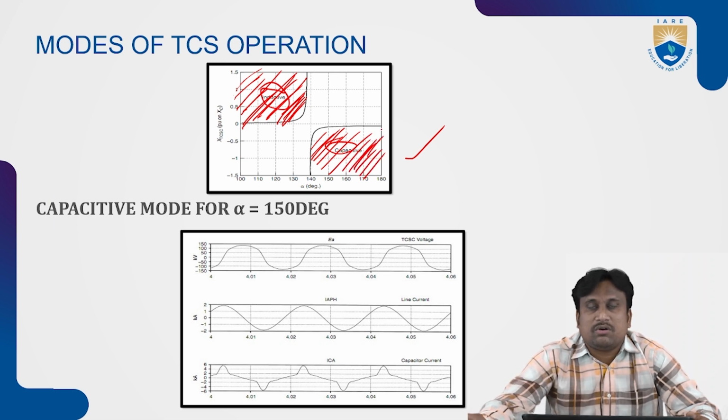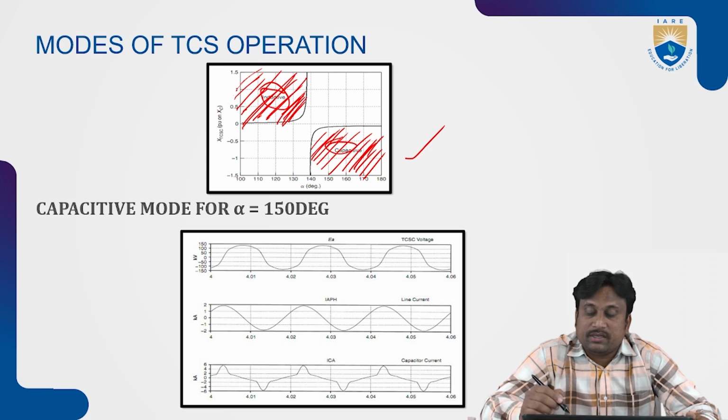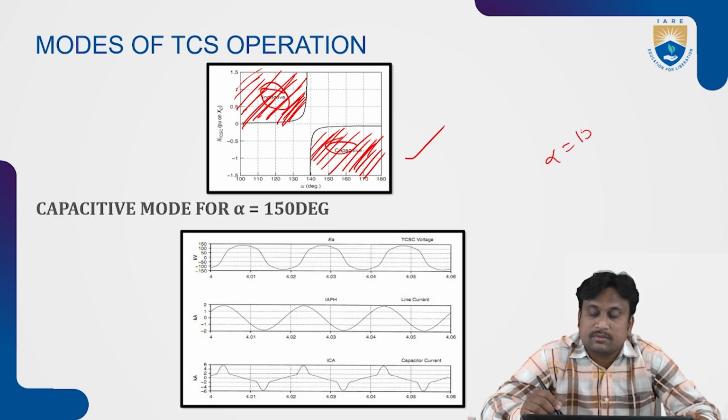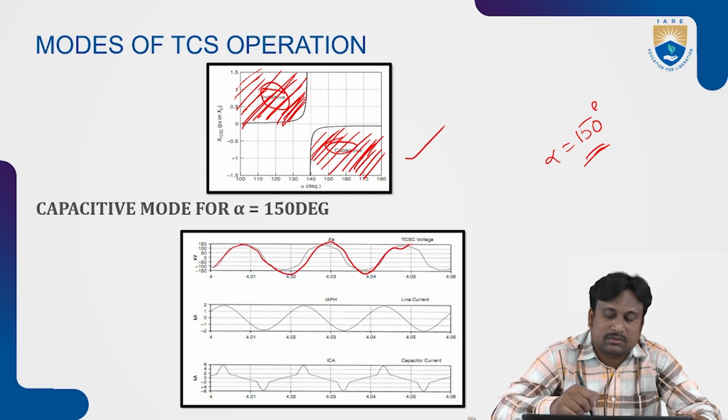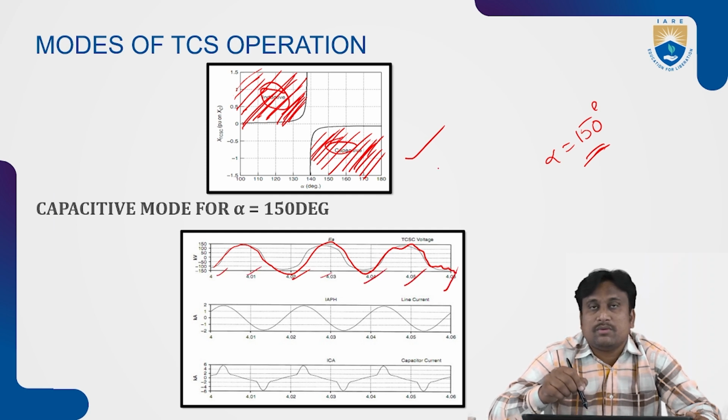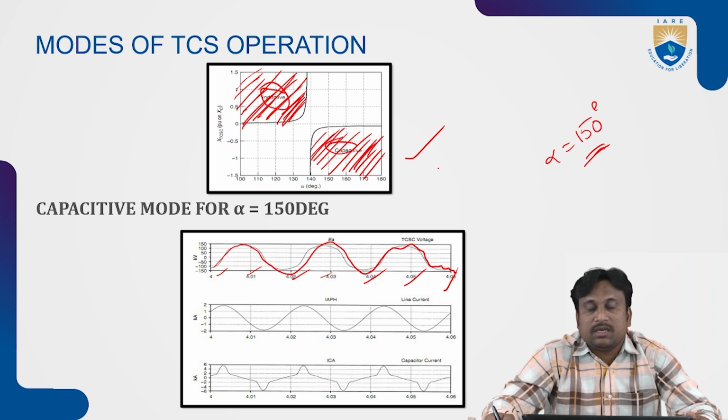The capacitive mode is usually treated for alpha as 150 degrees. That is drawn in kV as the total voltage, as a curve starting from negative coefficients to positive coefficients. They may vary like 4, 4.1, and we can expect to write some more values for the TCSC voltage case.